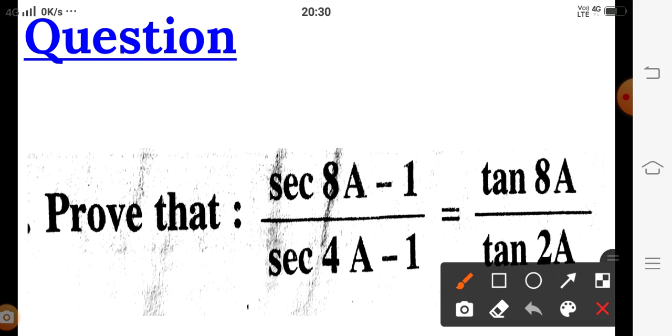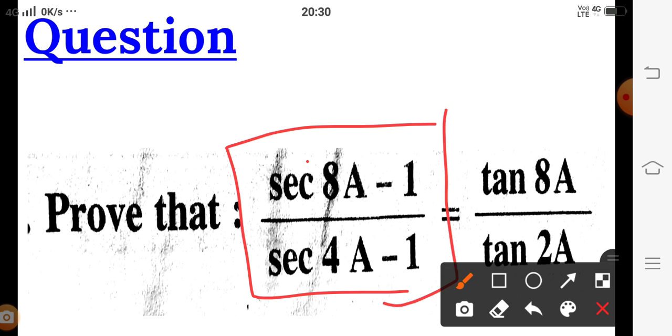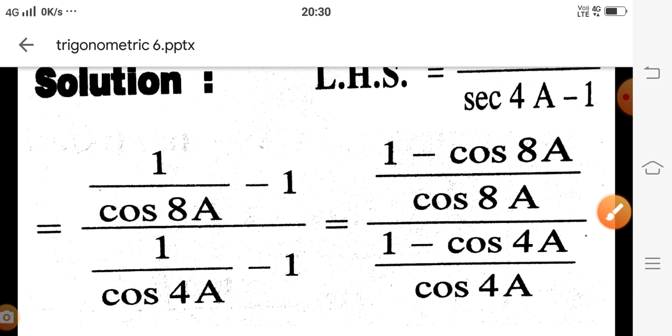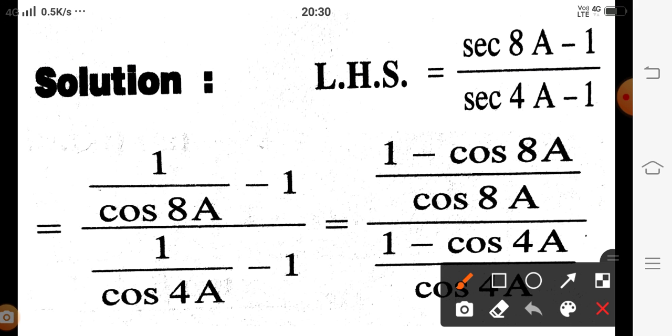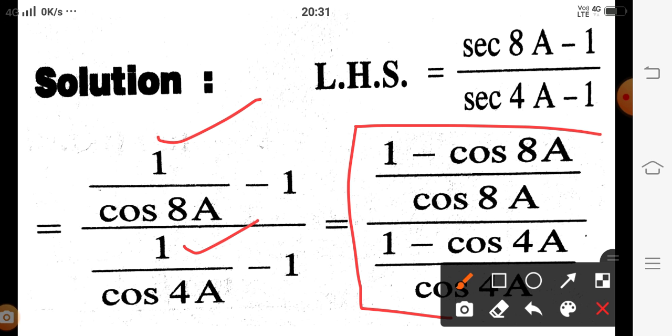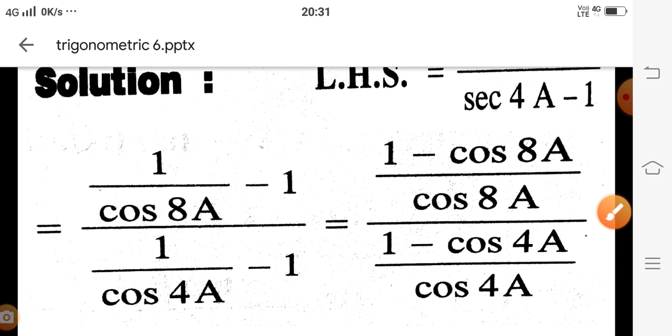First of all, we convert the left hand side value in terms of cos. Sec 8a is written as 1 upon cos 8a, and sec 4a is written as 1 upon cos 4a. Then on taking LCM we get 1 minus cos 8a upon cos 8a, and in the denominator 1 minus cos 4a upon cos 4a.